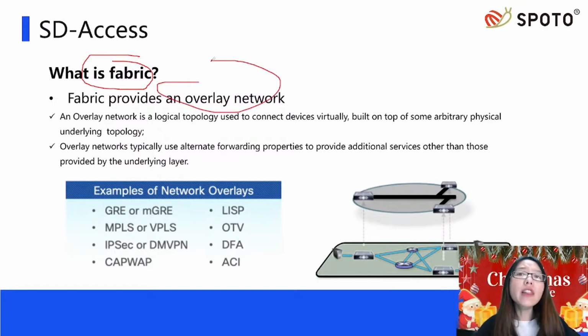An overlay network is a logical topology used to connect devices virtually, built on top of some arbitrary physical underlying topology. The overlay network typically uses alternate forwarding properties to provide additional services other than those provided by the underlying layer. So fabric contains three features.